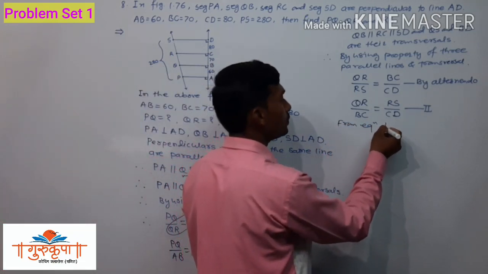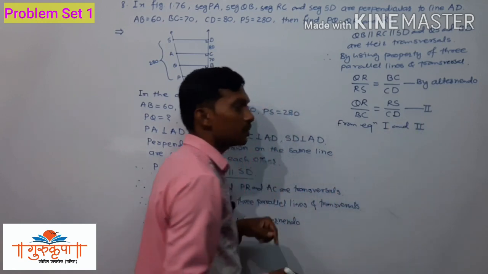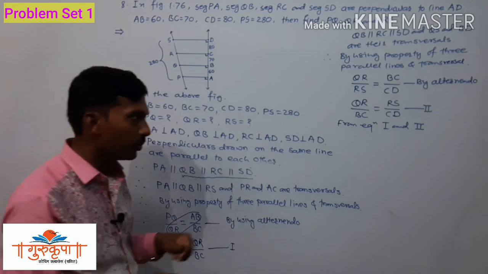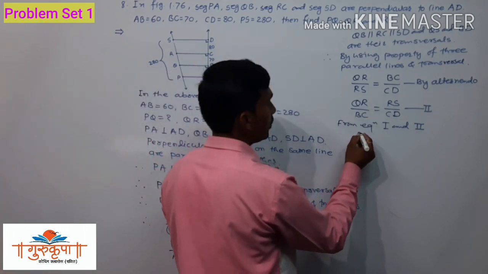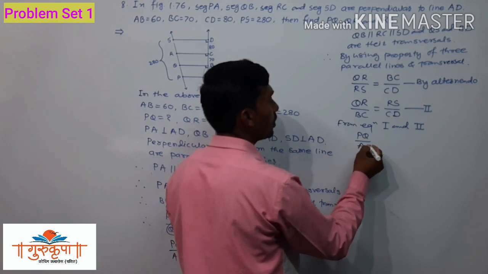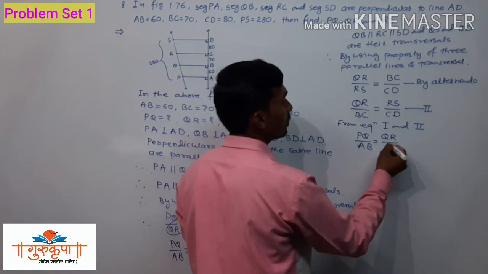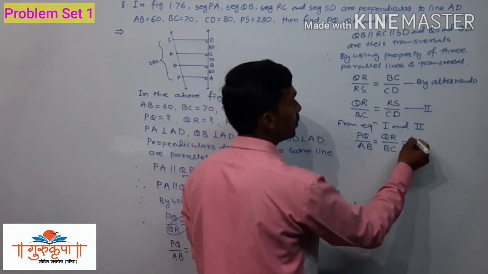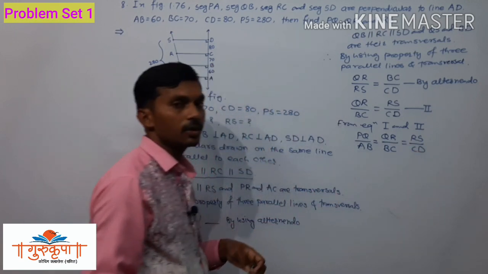From equation 1 and 2, we get that PQ upon AB is equal to QR upon BC is equal to RS upon CD. That is the very important equation.